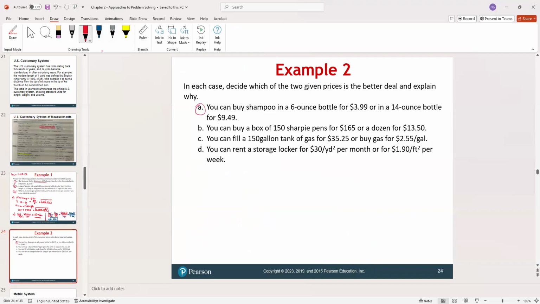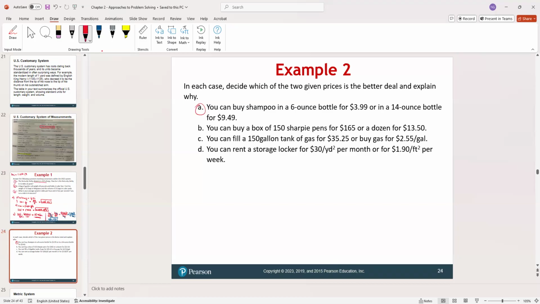If we go with A, we said that you can buy shampoo in a 6 ounce bottle for $3.99, or in a 14 ounce bottle for $9.49. So which one do you think is a better deal?